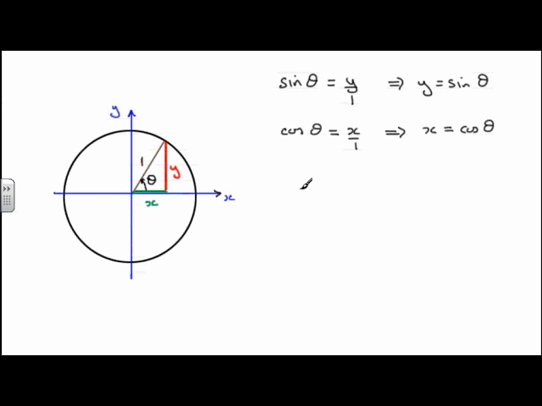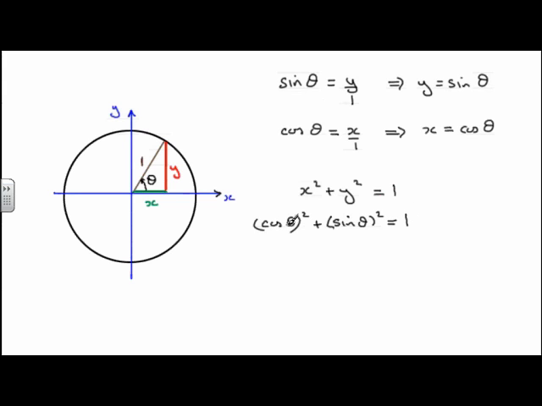So we know that x squared plus y squared will equal 1. But we know that x is cos theta. So cos theta squared, plus y, which is sine theta squared, would come to 1.